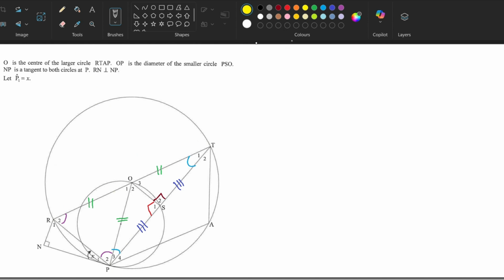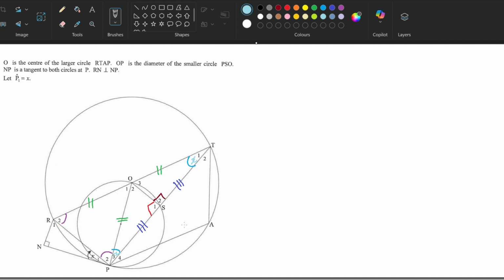So here we have X, right? And then we know that angle T1 is equal to angle P3, right? We've discussed that earlier on. And then what else? I think that's it, guys.